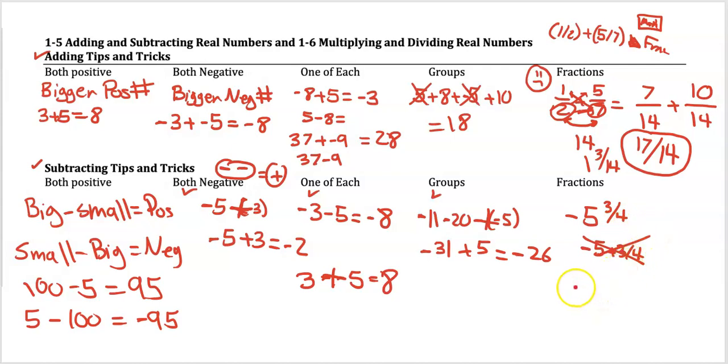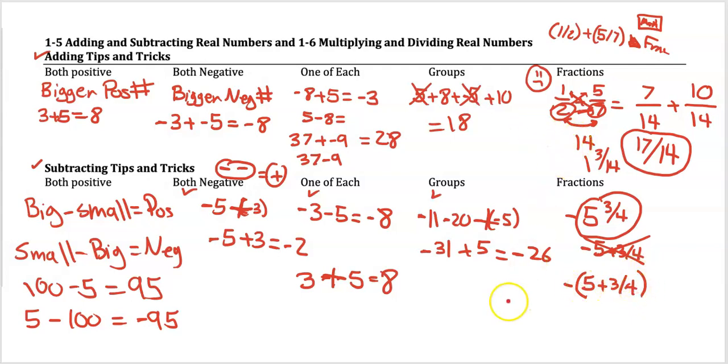So it's best practice, students, if you're using a calculator, to go negative bracket 5 plus 3/4. That's going to work out a lot better for you. You want to keep the entire mixed number together in brackets, and that way you can use negative mixed numbers.